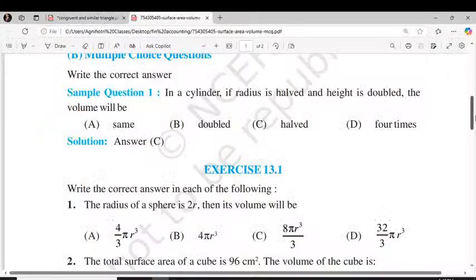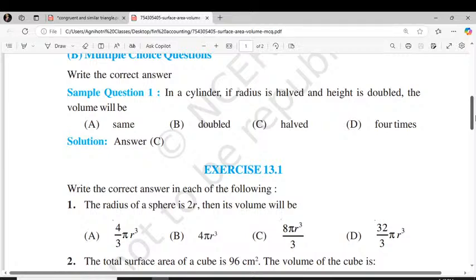First observe this question that is in solved form. In a cylinder, if the radius is halved and the height is doubled, what happens? The cylinder has radius r and height h, with volume pi r square h.